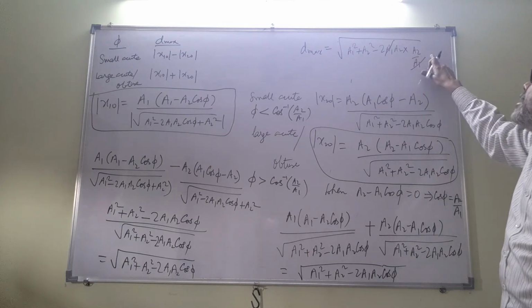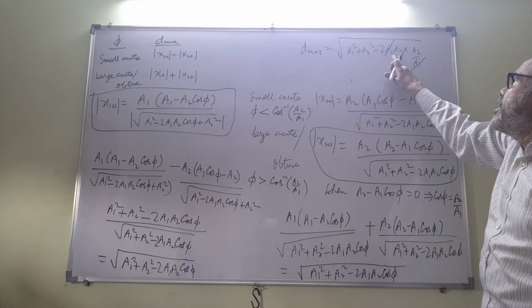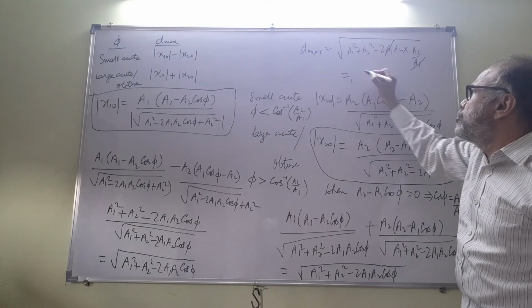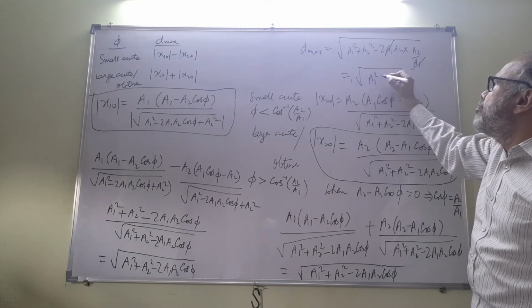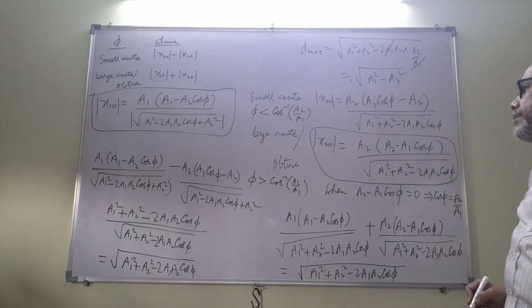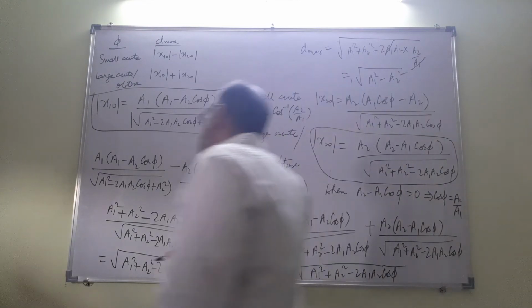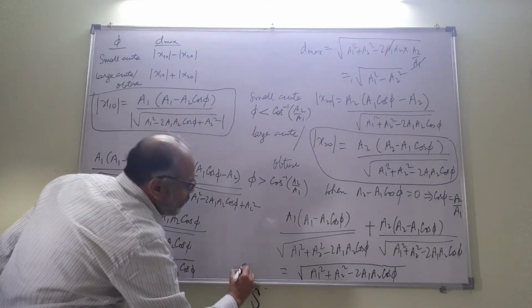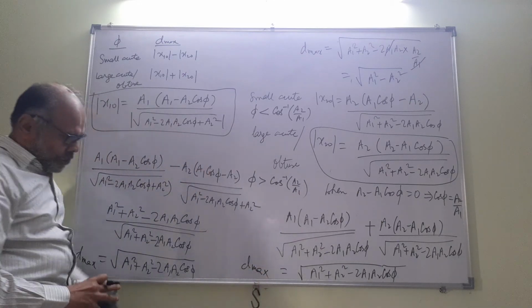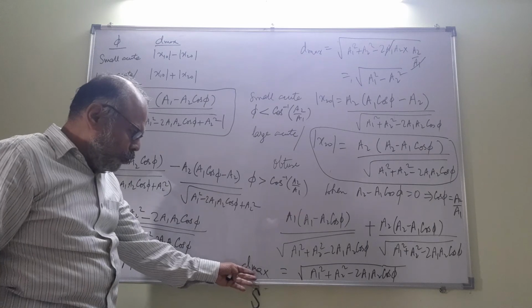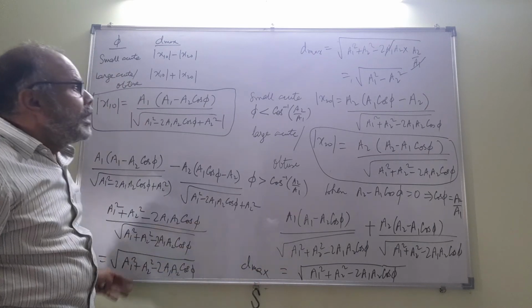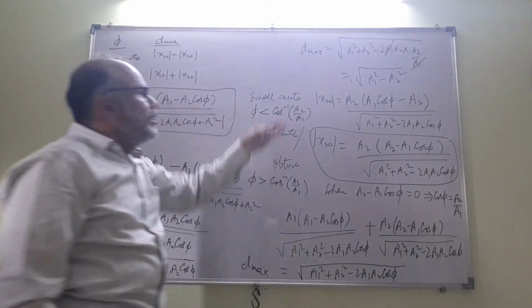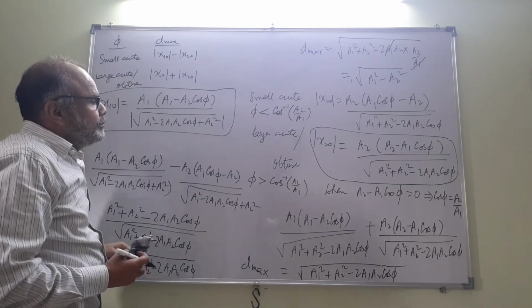You get minus 2a2 squared here. a2 squared minus 2a2 squared is minus a2 squared. So this will be a1 squared minus a2 squared. That will be d max. This is d max for small acute; whether it is large acute or obtuse, the result is the same, and d max when cos phi is a2 by a1 is a1 squared minus a2 squared.